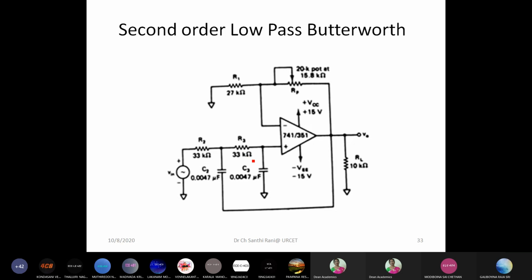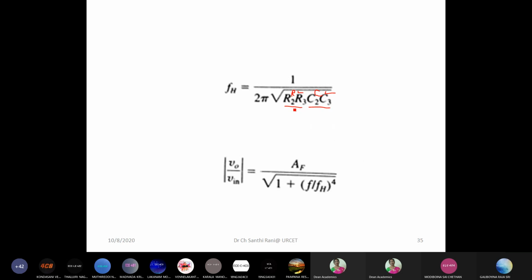If they are different, then we have to write the product R2C2, R3C3 under the root. So if you know the first order low pass filter, you can extend your knowledge to design the second order low pass filter.